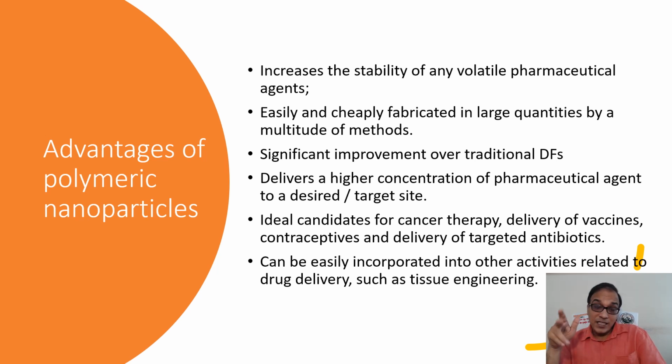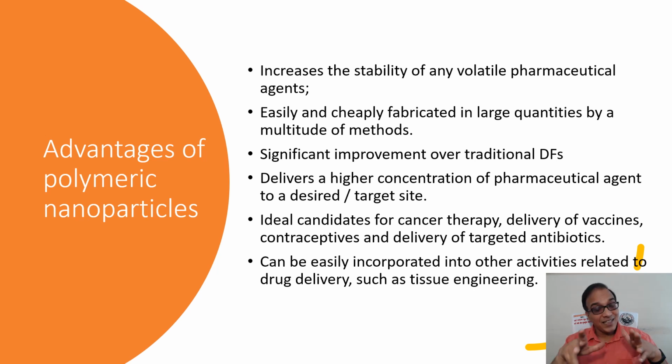We can increase the stability of any volatile pharmaceutical agents with the help of nanotechnology, easily and cheaply fabricated in large quantities. It is a significant improvement over the traditional oral and IV methods of administration, for increase in effectiveness and efficiency.